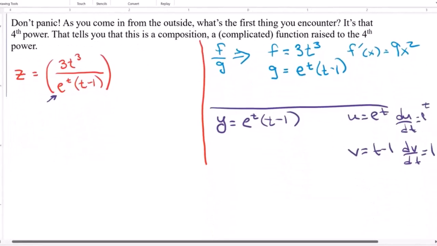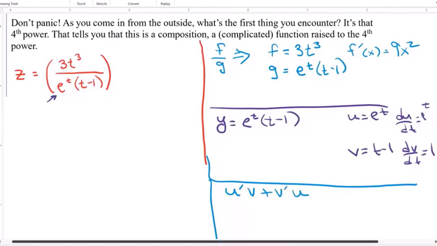If I have to use the product rule on this function, it's the derivative of u times v plus the derivative of v times u.